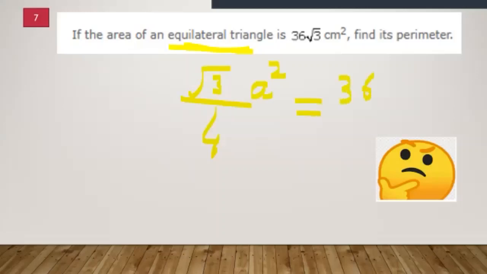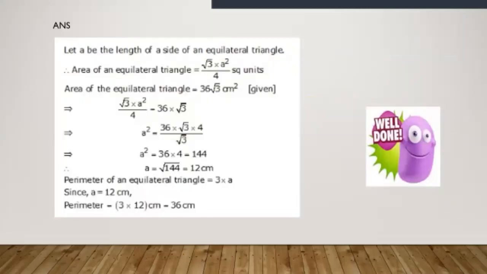So very easy, find it fast. Things get cancelled from both sides. Find the value of A faster. A is 12. Perfect. Perimeter is 36. So now you have understood how to use the formula for equilateral triangles.